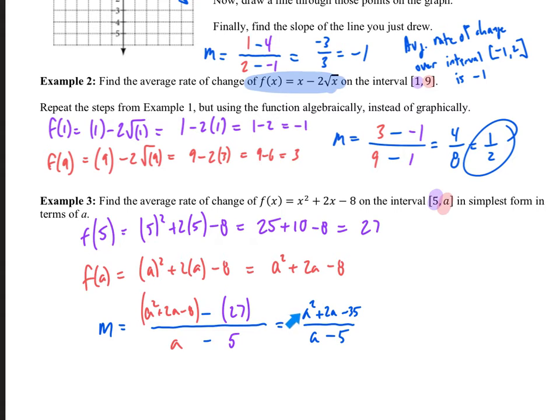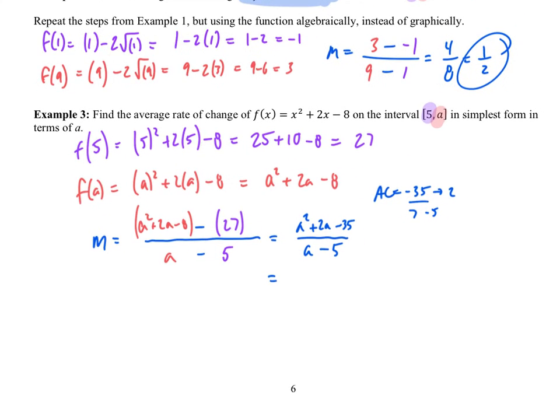So this should be the shortcut AC method since the a value is 1. So 1 times negative 35 is negative 35, and we need negative 35 to add to 2. So what are the factors of negative 35 that add to 2? That would be 7 and negative 5. So it does indeed factor.